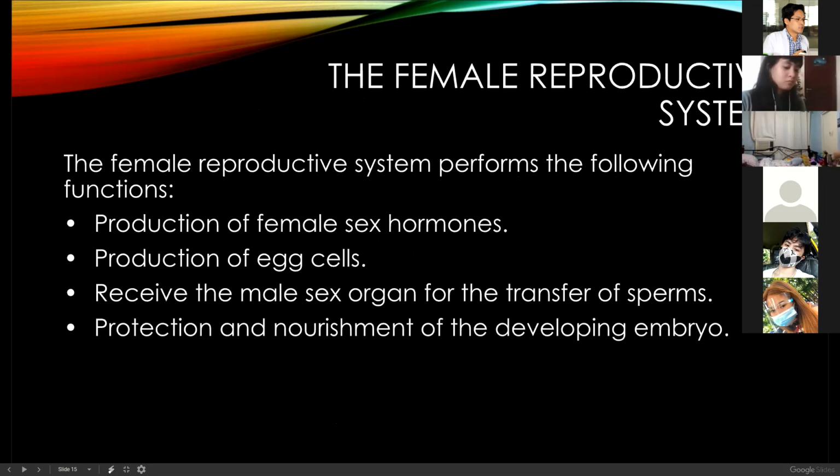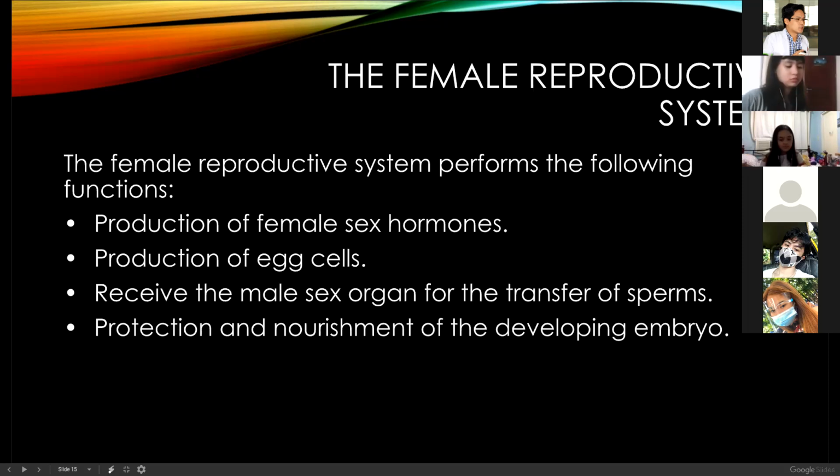The female reproductive system performs the following functions. Number one, production of female sex hormones. Number two, production of egg cells. Number three, receive the male sex organ for the transfer of sperms.